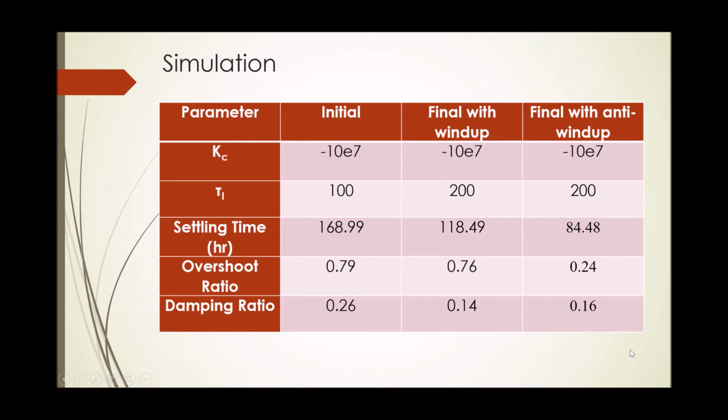So as David explained, when we found the bug and were able to turn on the anti-windup, our results improved dramatically from a settling time of 118 to 84, which is very significant. Not to mention the overshoot ratio decreased by a factor of 3.